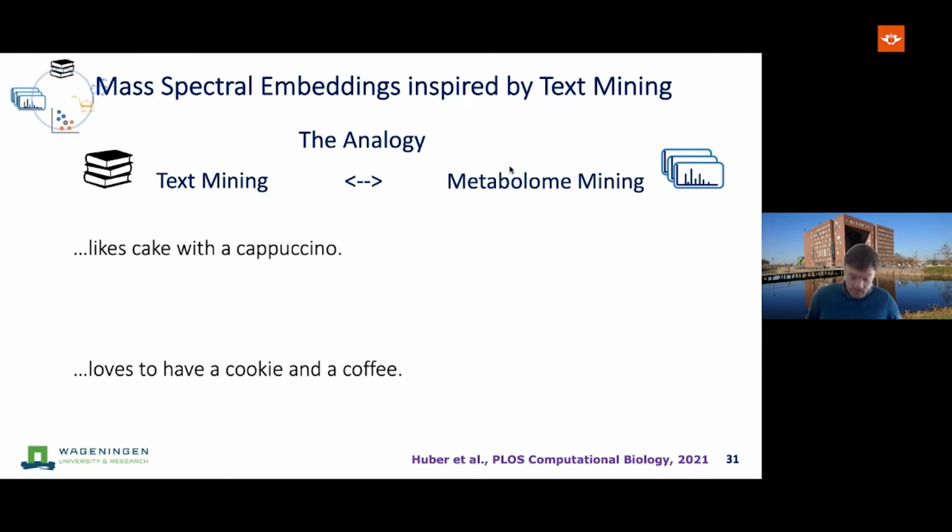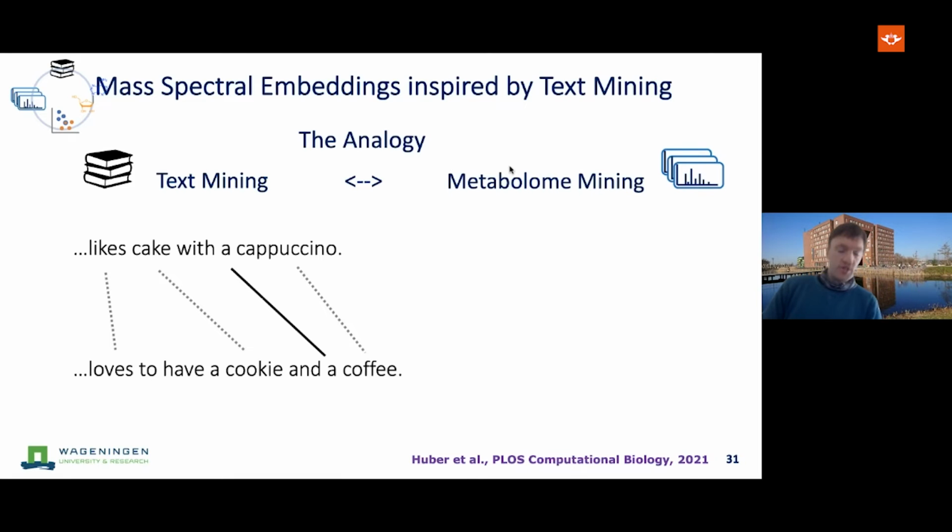So I also wanted to introduce this concept of mass spectral embeddings, and it's actually a bit similar to the MS2LDA world, where we make the analogy to text mining, but now we no longer look for topics, but we really look for similarity in text, in sentences, and in spectra.